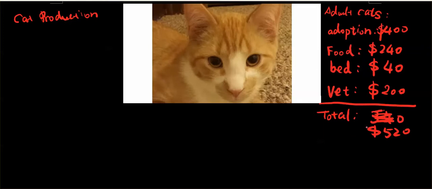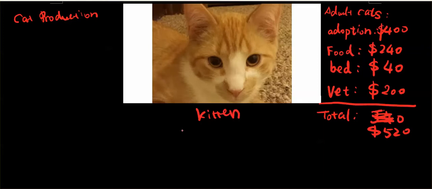So this total cost is our fixed cost, right? Because we only need the two adult cats, and they will always be there to help us produce the new kittens.